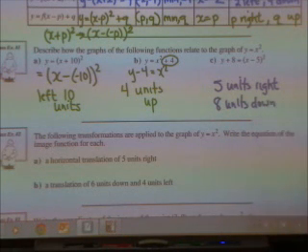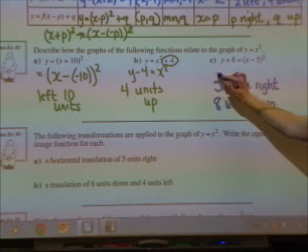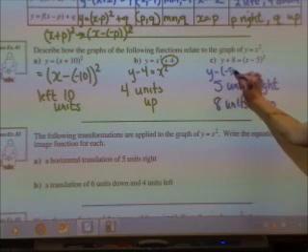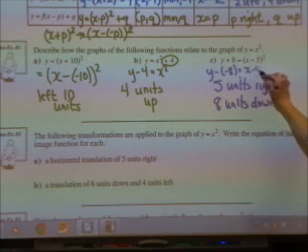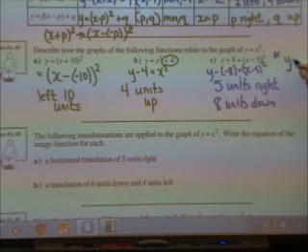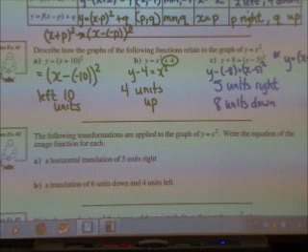And I can see it's 8 units down in one of two ways. I could rewrite this y plus 8 as y minus negative 8 equals x minus 5 squared. Or I could go y equals x minus 5 squared minus 8 and move it to the other side. And again, that minus 8 is going to tell me to go down.